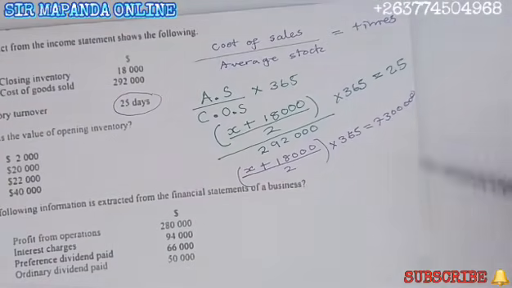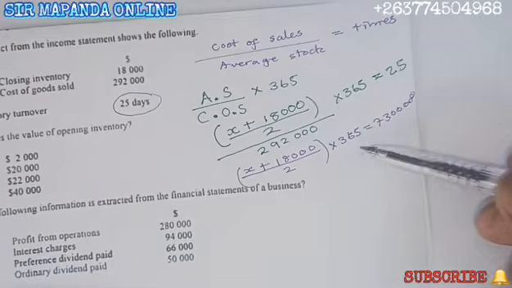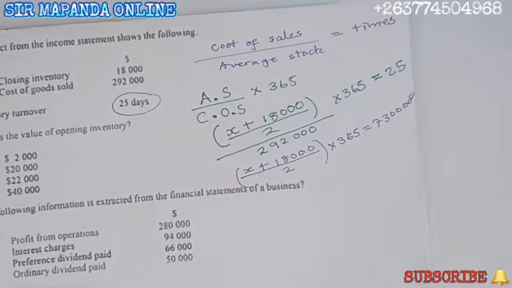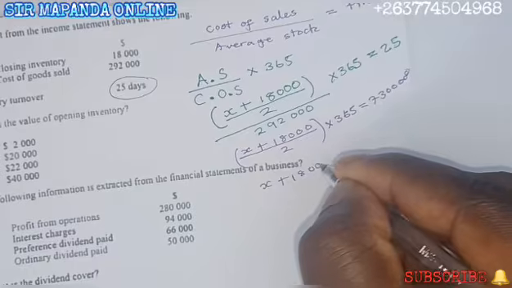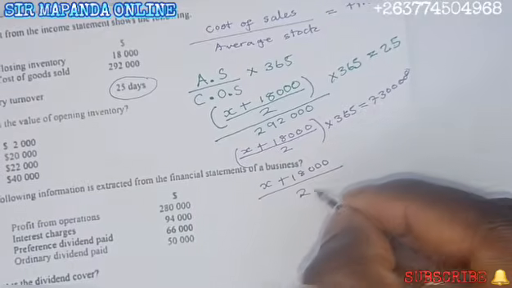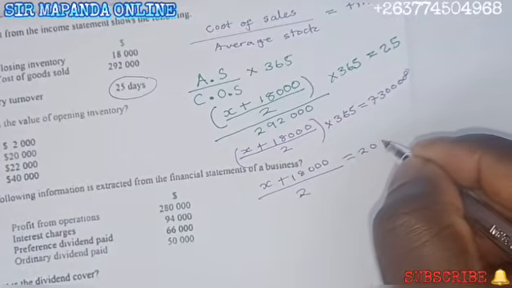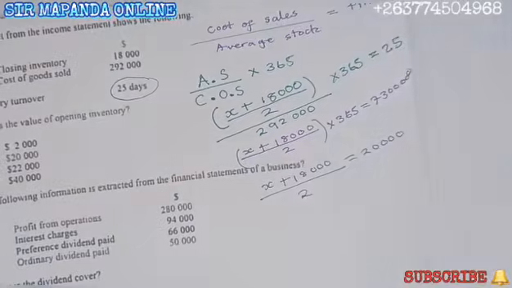Then divide 7.3 million by 365. You get 20,000. So you are saying (X plus 18,000) all over 2 is equal to 20,000.